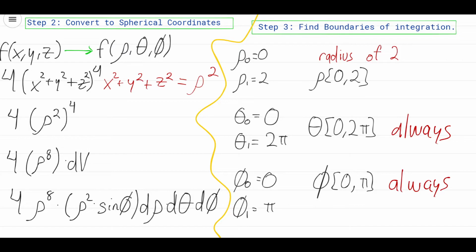That's because when we take into account the phi axis, the sphere only revolves 180 degrees. Thus, it can only be bounded up to pi and not 2 pi.